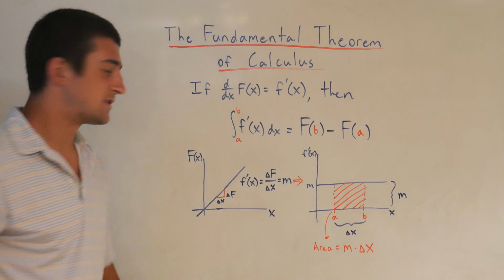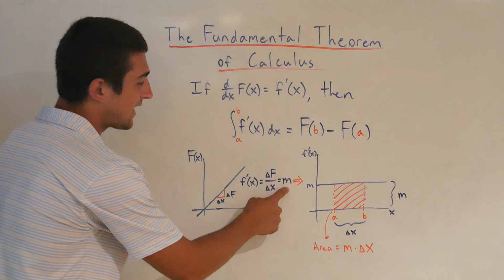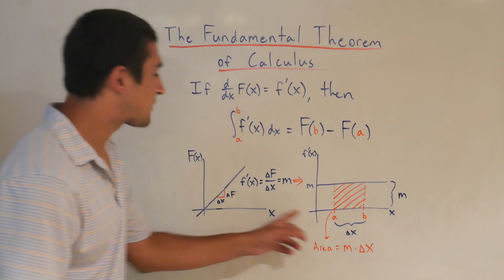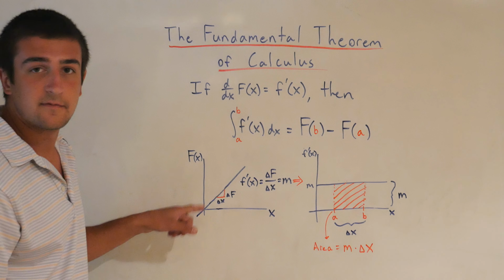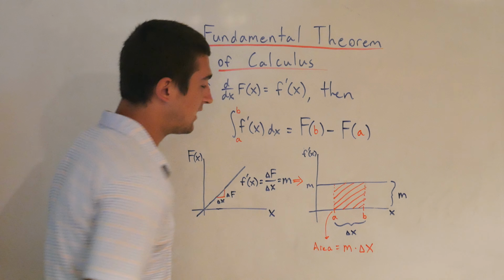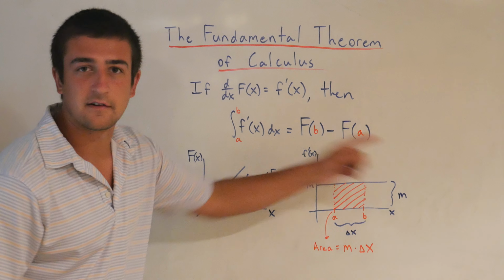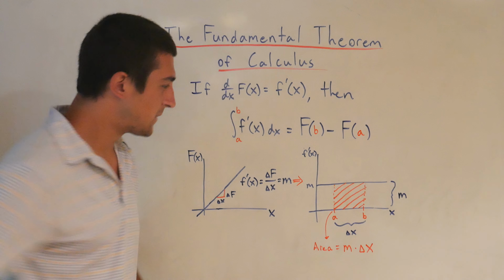And for linear functions, their slope is not changing. They have a constant slope. And so we're going to let that be m. So I have graphed out over here the derivative graph of this function right here. And you can see it's just a constant function and just a horizontal line all the way to infinity, and it constantly stays at the value of m.